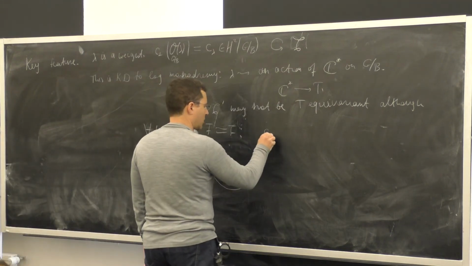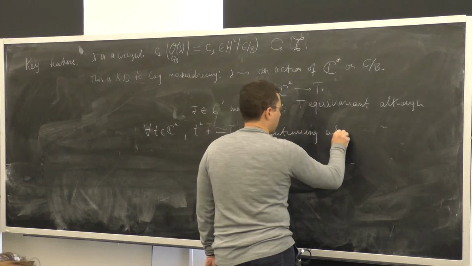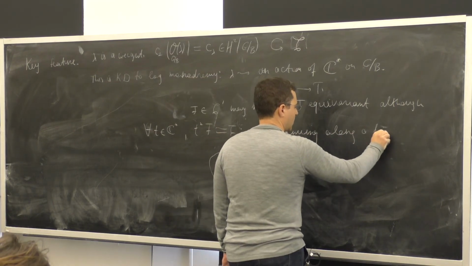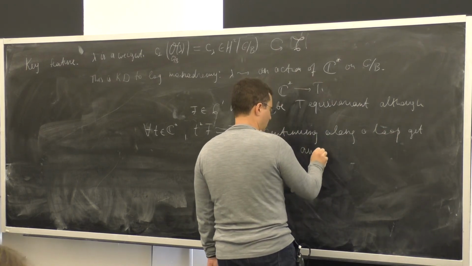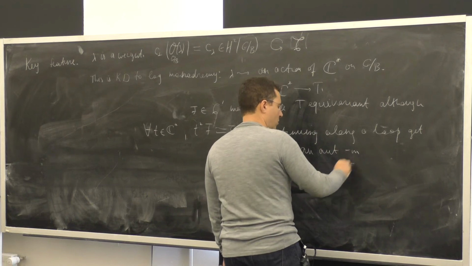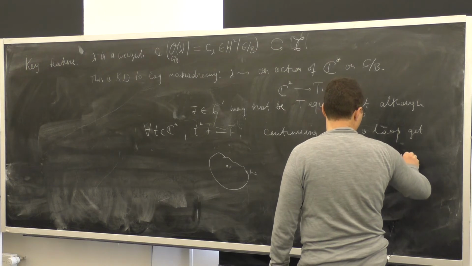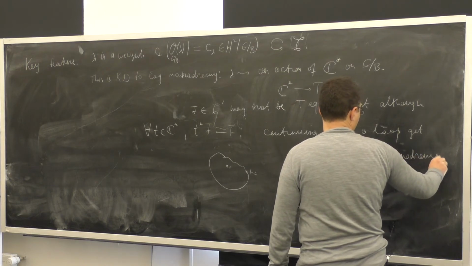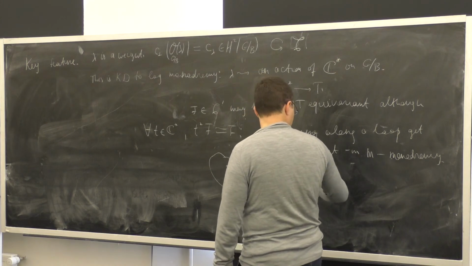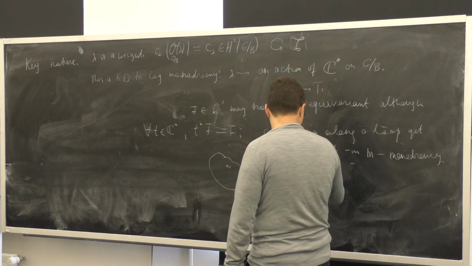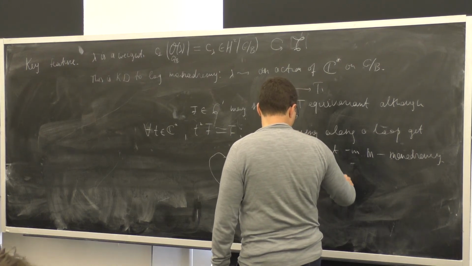So continuing along the loop, we get an automorphism which has to be unipotent. So M is the monodromy, and so we get lambda is the log of m.